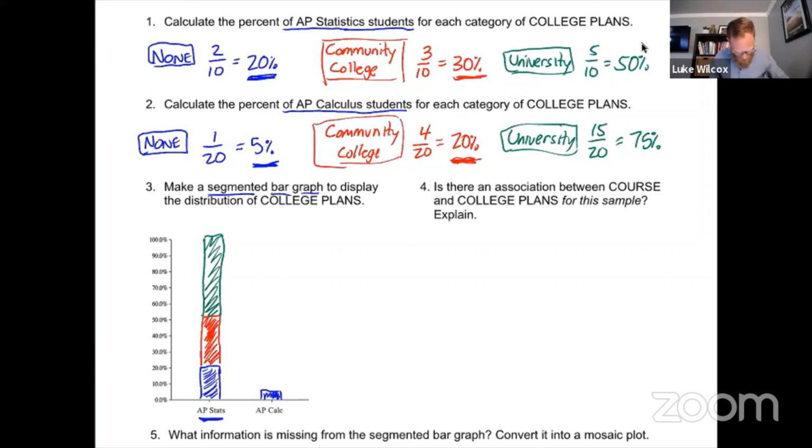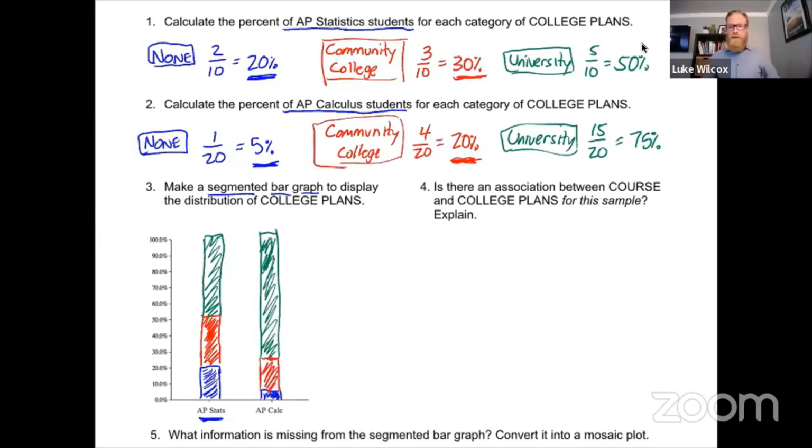So if I stack 20% on top of this here, it's going to put me at about 25%. So I should be right about here. Doing my best to try and keep this as accurate as possible. And then the remaining 75% plan on going to the university. That should take me right up to the 100%.